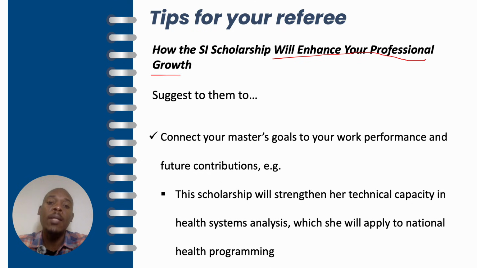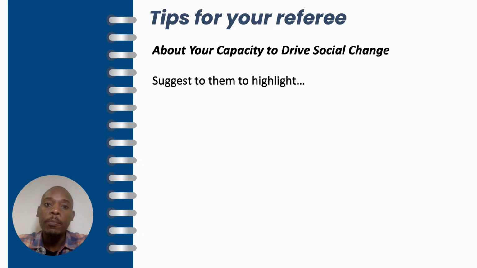They should be able to write enough sentences to ensure that they demonstrate that indeed you are worth the scholarship and you are going to grow professionally. So this section, they should be able to demonstrate clearly on how the scholarship will enhance your professional growth.